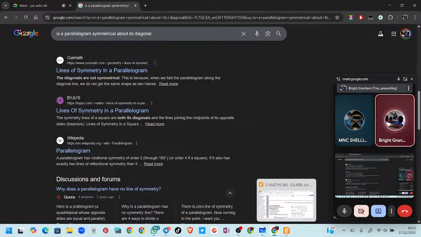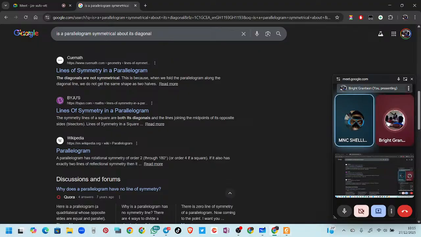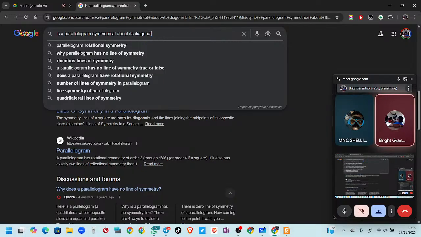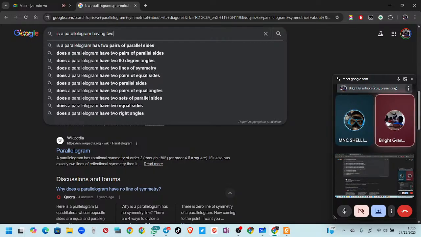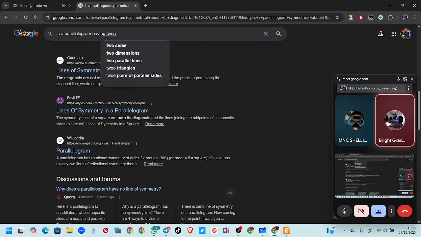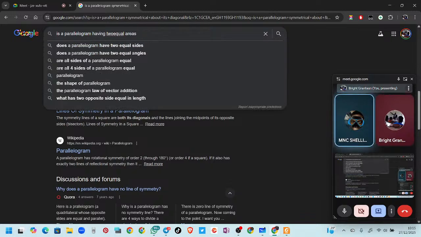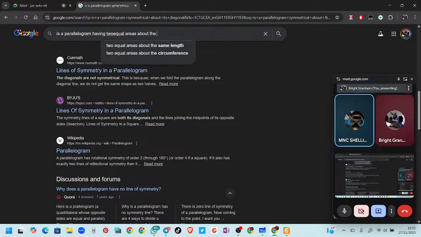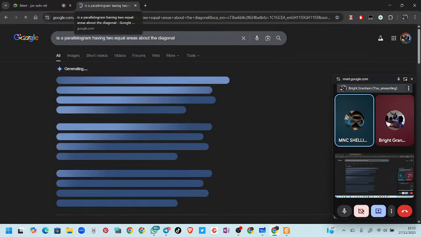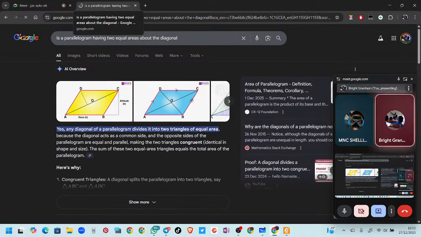One thing I know is that any diagonal of a parallelogram divides it into two triangles of equal areas.